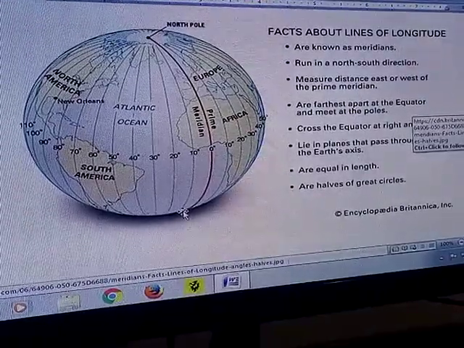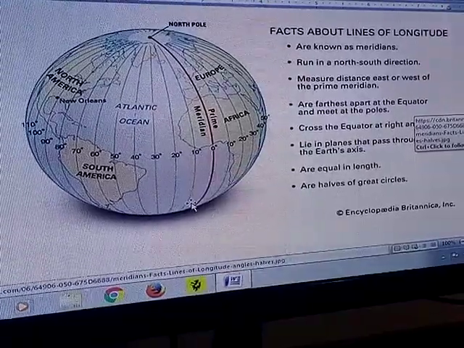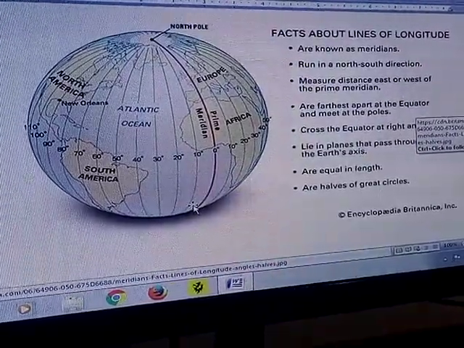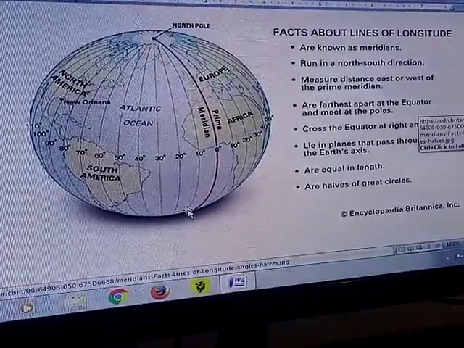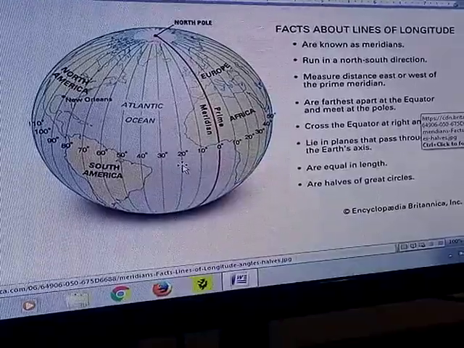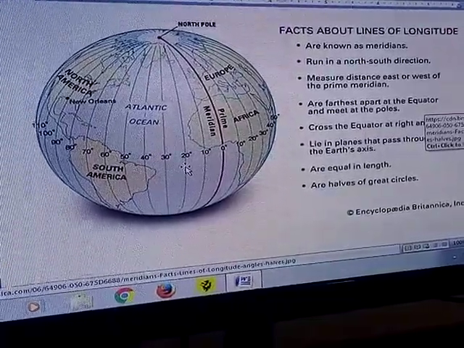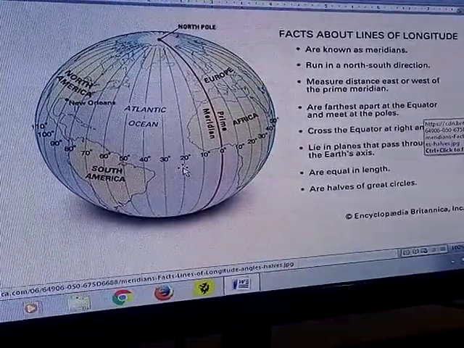Unlike the latitudes, longitudes are all half circles. Actually, half circle means one part of a longitude and the other part on the other side together make a complete circle. They meet together.